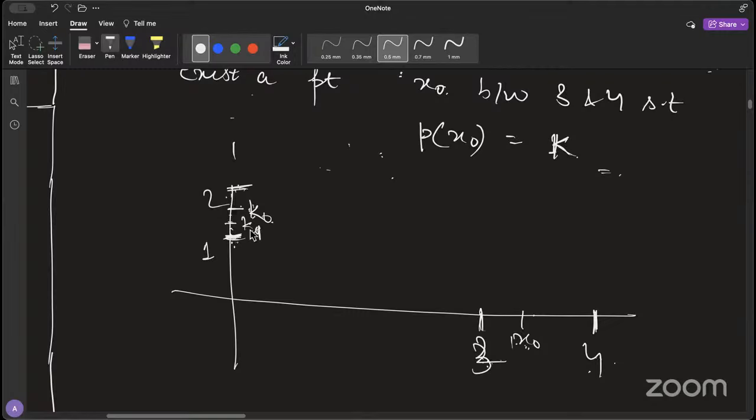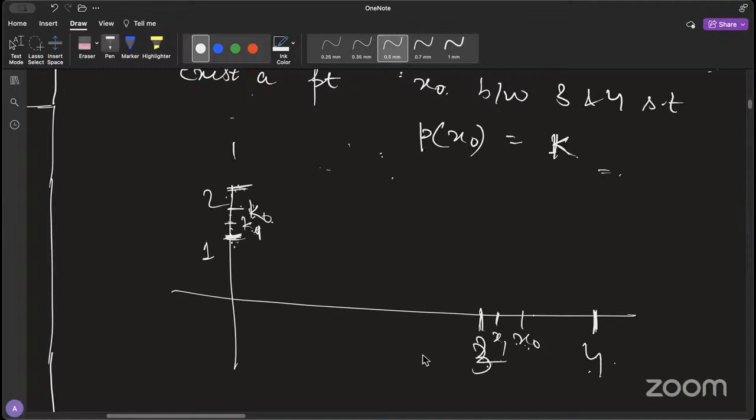Then where should its pre-image lie? Where should that point lie whose image is k1? Should it lie here? Or in this interval? Yeah, between 3 and x0. Correct. So it should lie here.